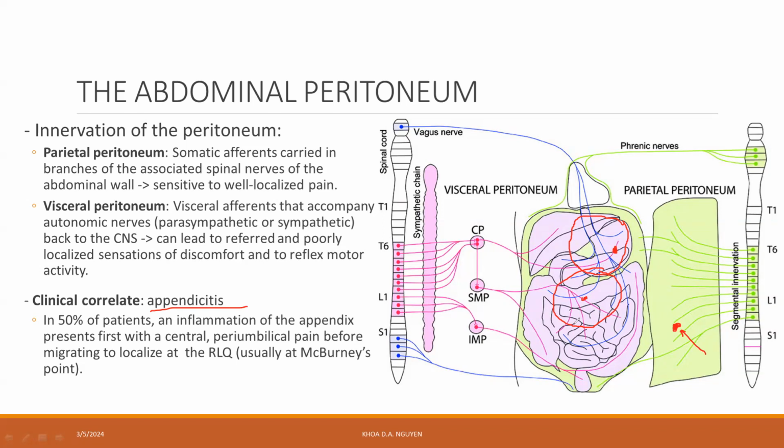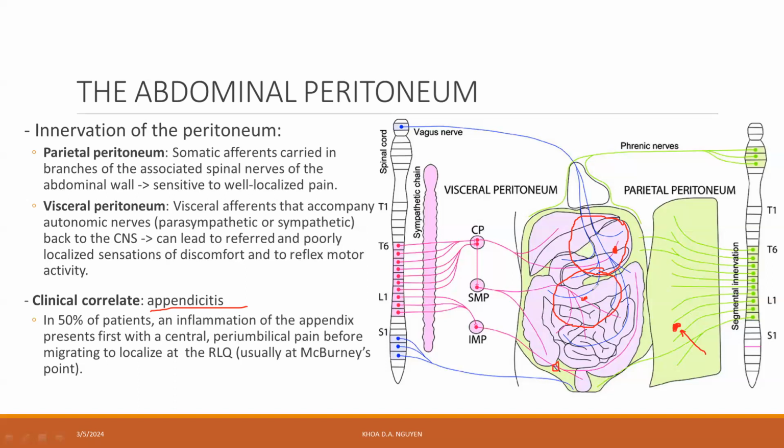Remember, everything from the distal part of the duodenum all the way to the first half of the transverse colon is midgut. Therefore, you have the appendix right here being midgut, and the midgut is going to refer back so that we feel pain right here in the periumbilical region.